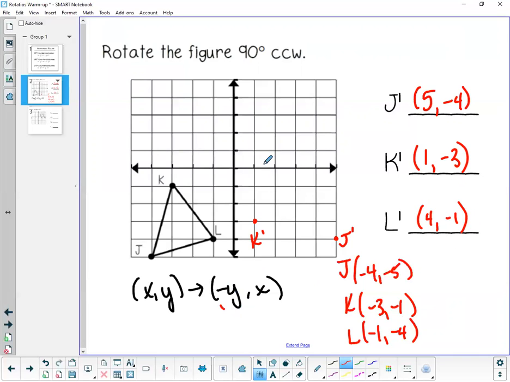So L prime is (4, negative 1). There is my new triangle. That's just a warm up, remembering your rules there.